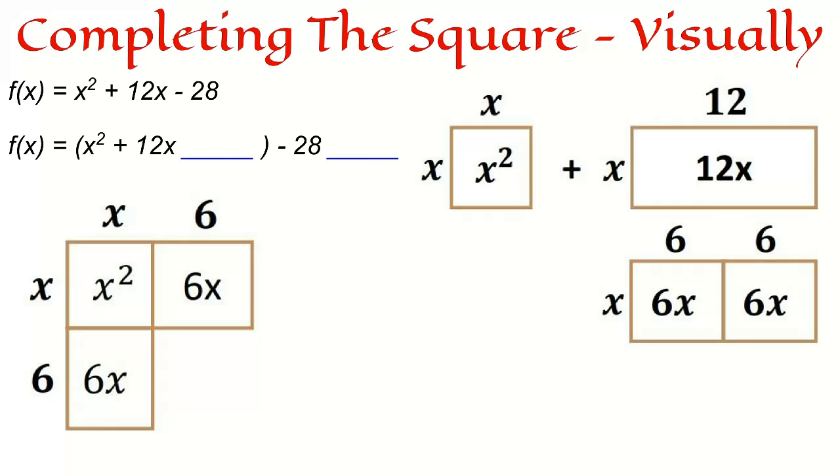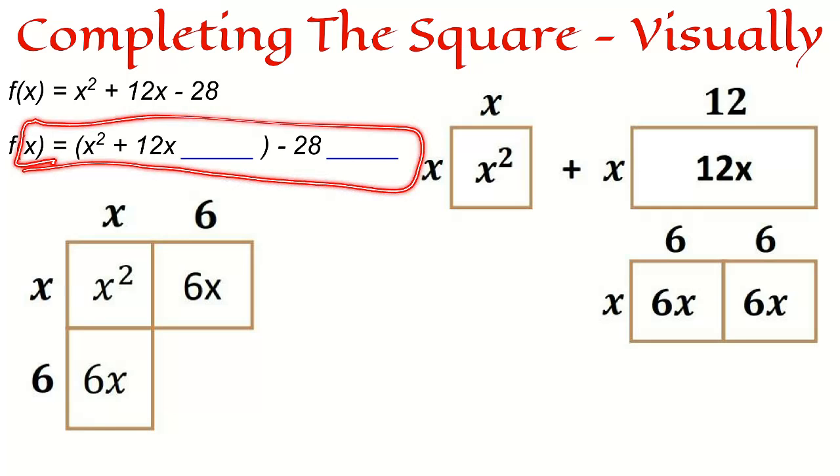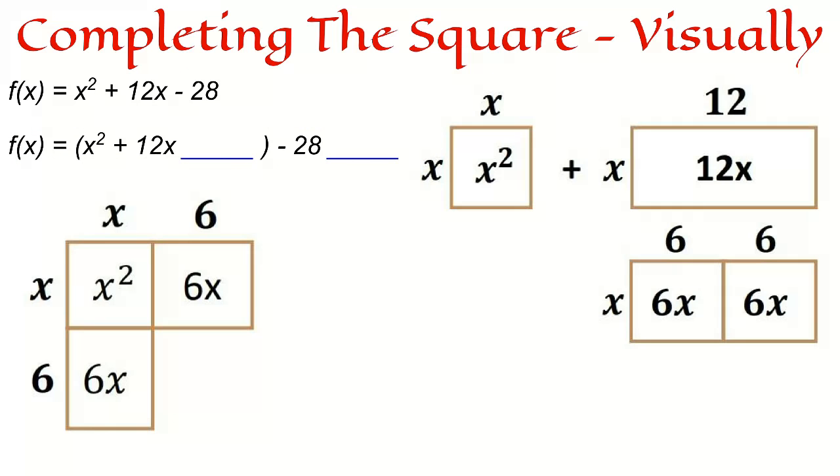So my first step when I'm completing the square algebraically is I break the c, minus 28, off. I break it off and I put it on the outside of some parentheses where I have my x squared, I have my 12x, and then I have this blank, which I associate with that blank.